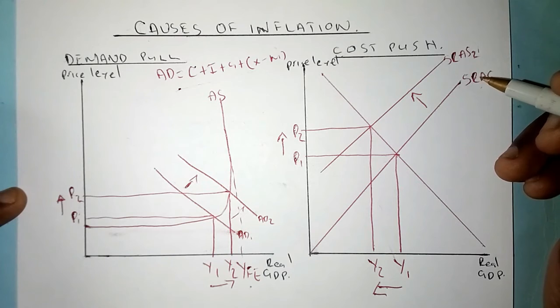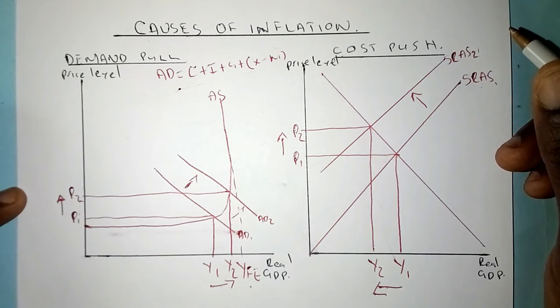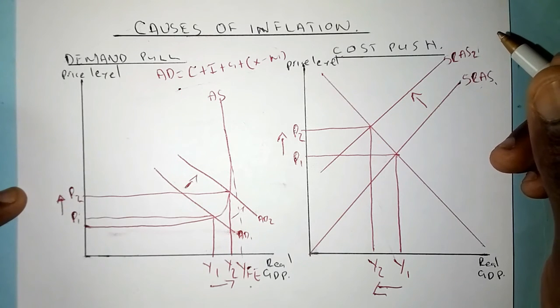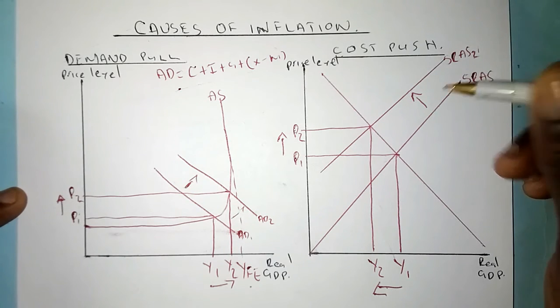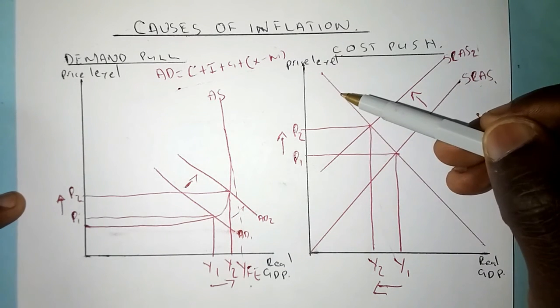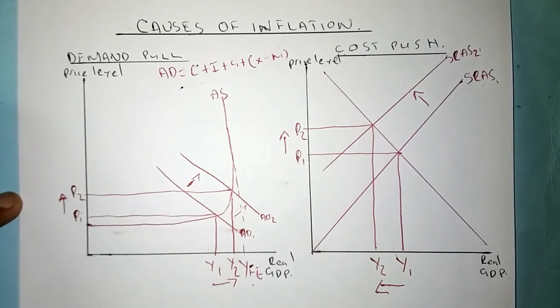So that's what we mean by imported inflation. Here firms are forced to increase prices because the costs of production are rising. So they have to transfer those costs via higher prices to consumers. So that's how we talk about cost push inflation, whereby we see cost push inflationary pressure from price P1 to P2. Those are the two causes of inflation that you have to know.